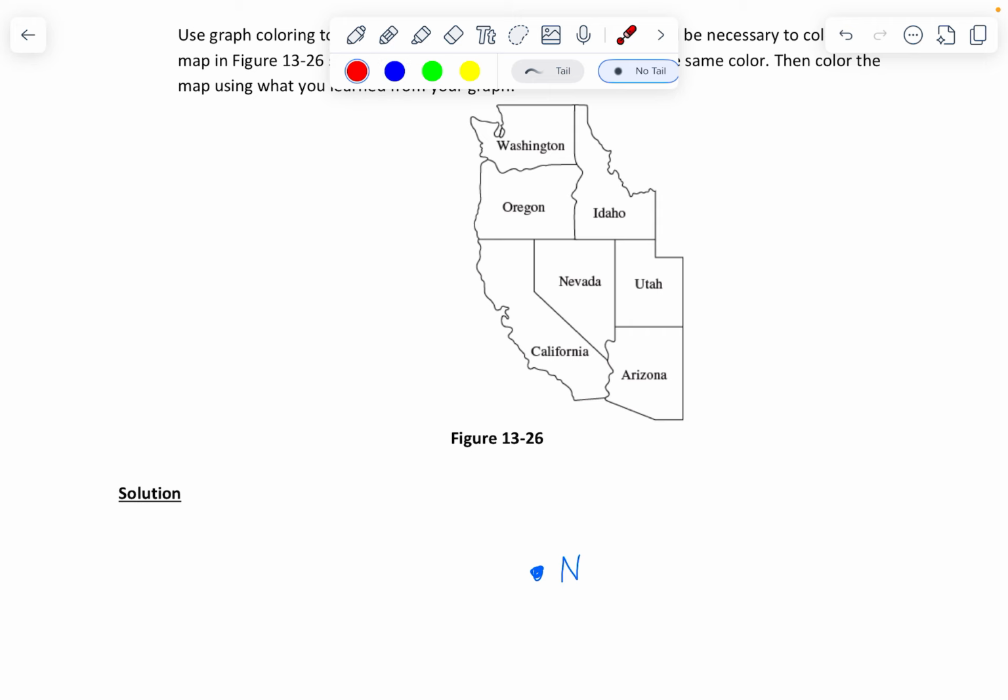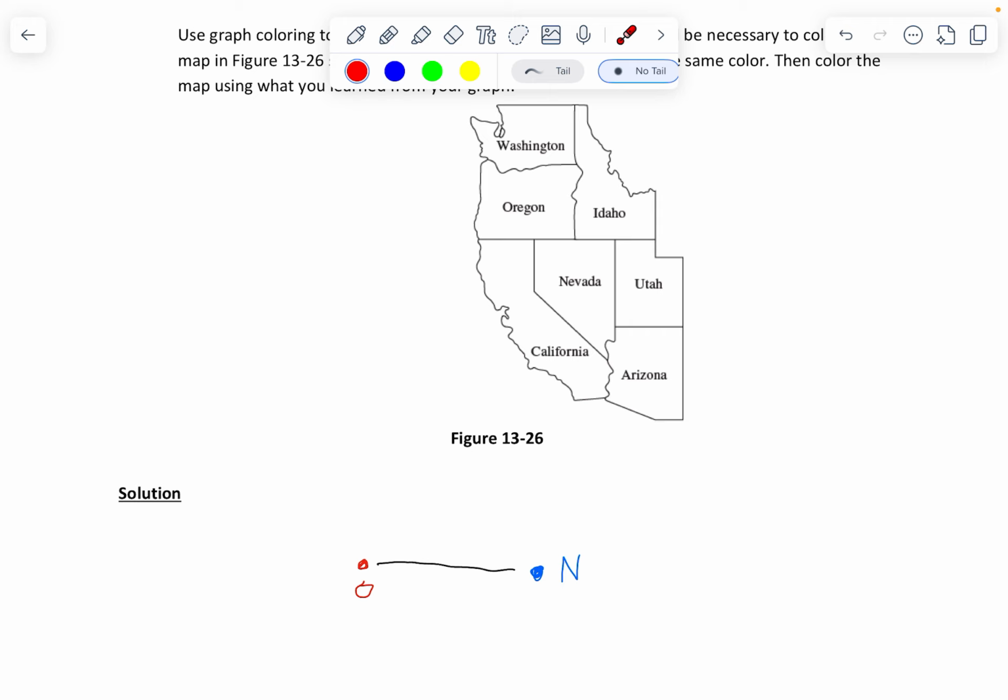Let's do Oregon, and let's make Oregon red. This is Oregon. If we choose different colors for Idaho and California, neither of which can be either blue or red because they both border Nevada or Oregon, then we already have 4 colors.